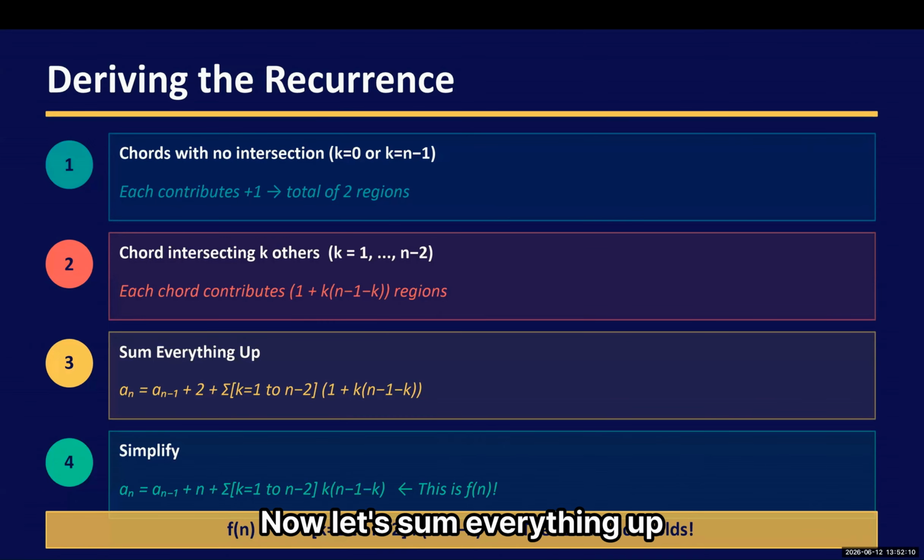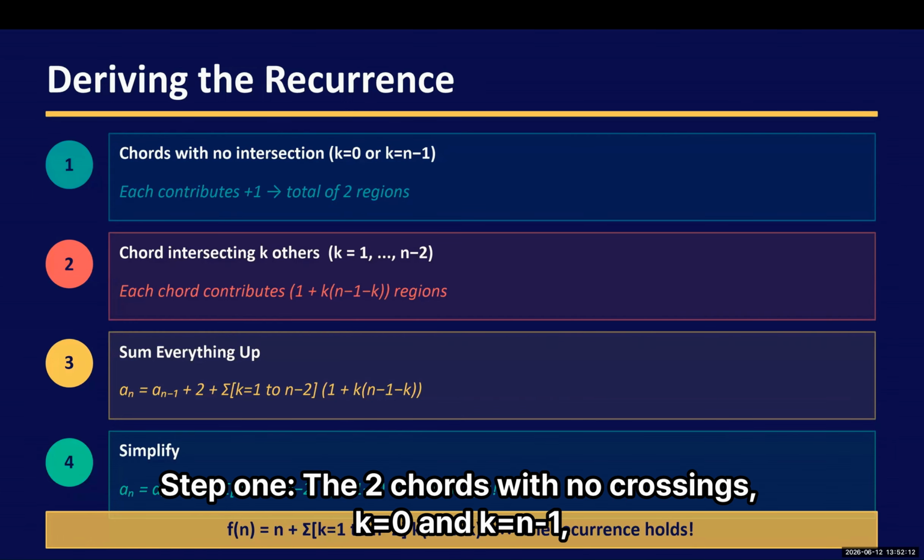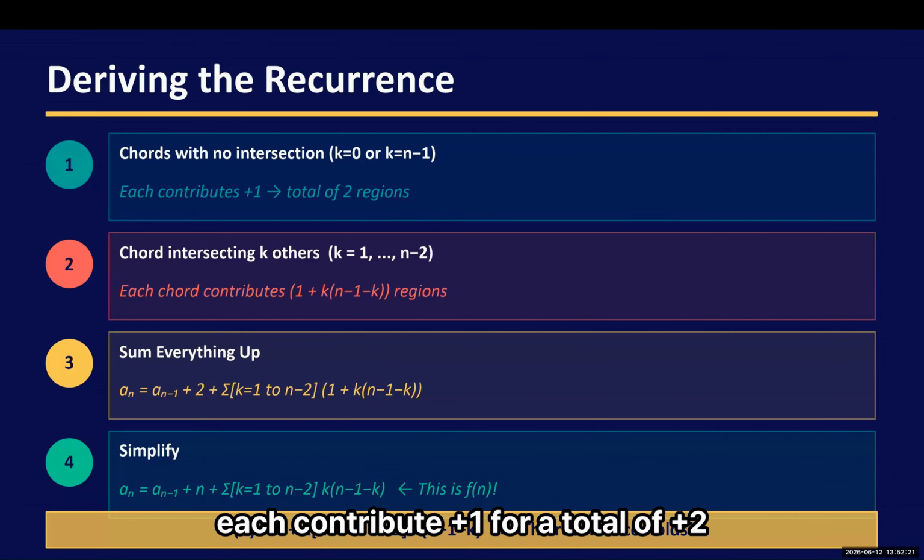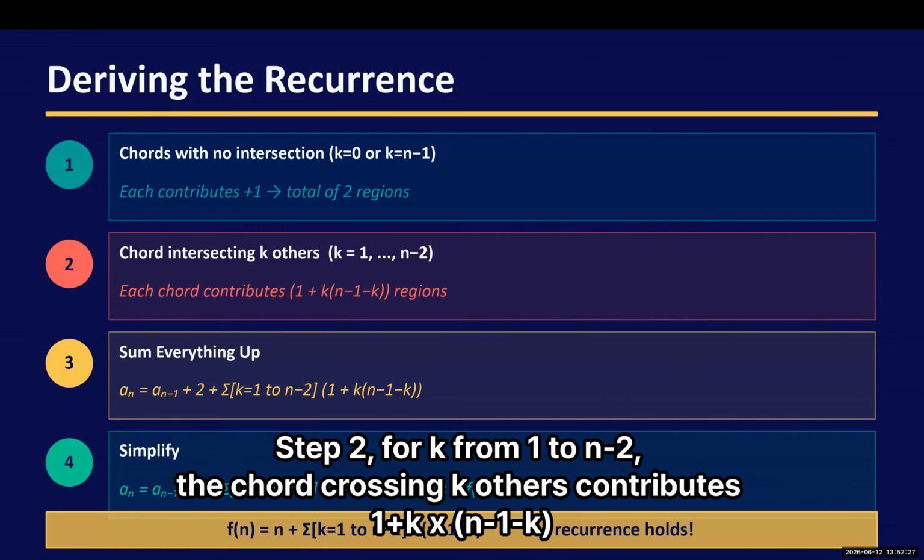Now let's sum everything up. Step 1. The two chords with no crossings, k is equal to 0 and k is equal to n minus 1, each contribute plus 1 for a total of plus 2. And step 2. For k from 1 to n minus 2, the chord crossing k others contributes 1 plus k times n minus 1 minus k.